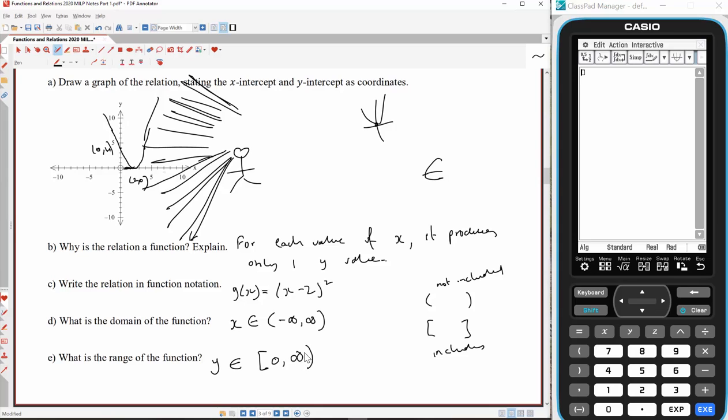Infinity is a concept that basically means it just keeps going and going. So curved means we're not going to include the value of infinity itself because no one's actually cracked infinity and found it. So what we're going to do is say that it is 0 inclusive all the way up to positive infinity. That's our range of y values that we can produce.